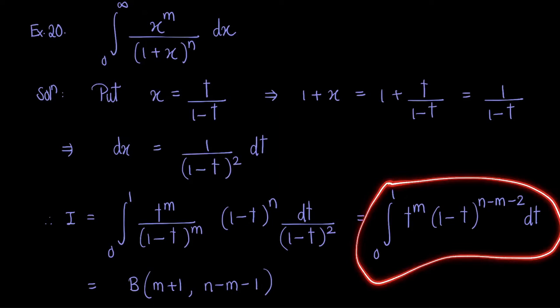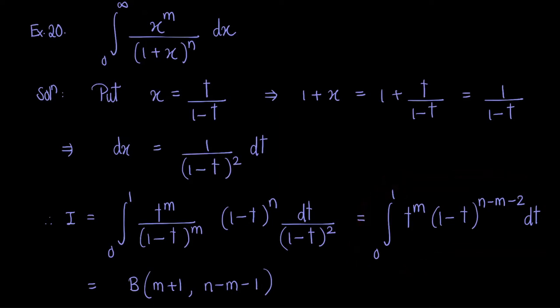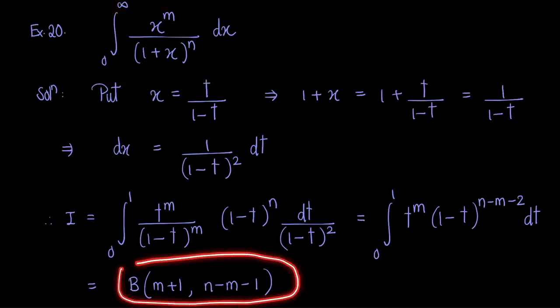And by definition of beta, the value of this integral will be beta of m plus 1 comma n minus m minus 2 plus 1, that is n minus m minus 1. So the value of this integral is beta of m plus 1 comma n minus m minus 1.